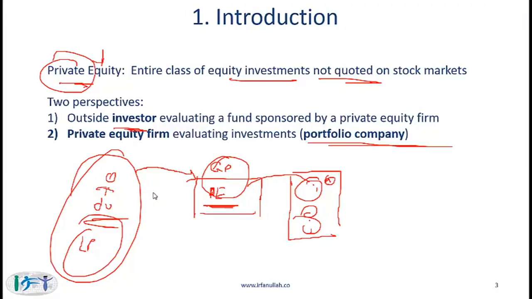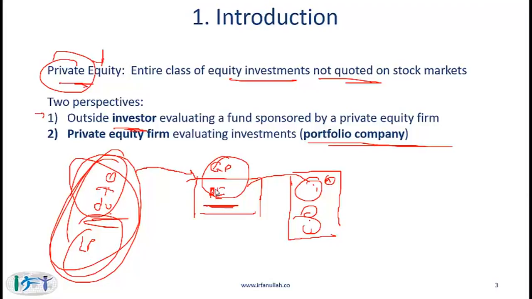Now, from this picture, the two perspectives should become obvious. Perspective one is the perspective of this investor over here, or these investors who are putting their money in the fund that has been launched by the private equity firm. So this group will be looking at the performance of the fund.